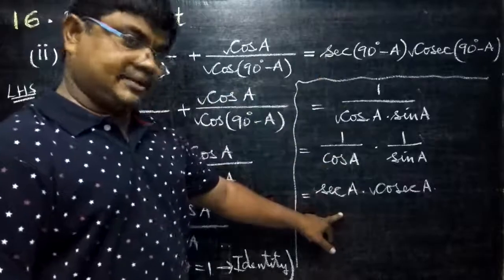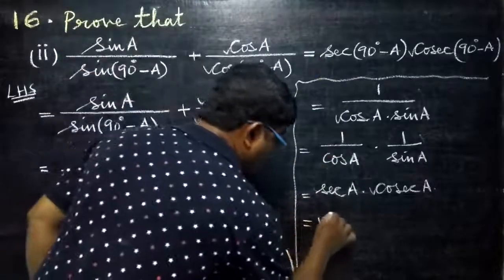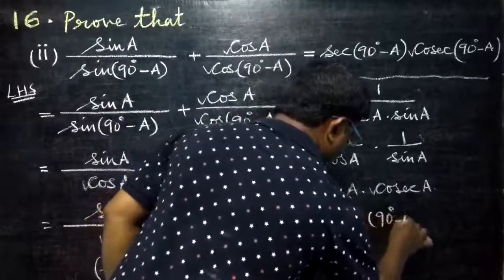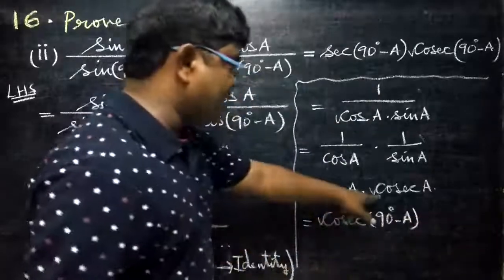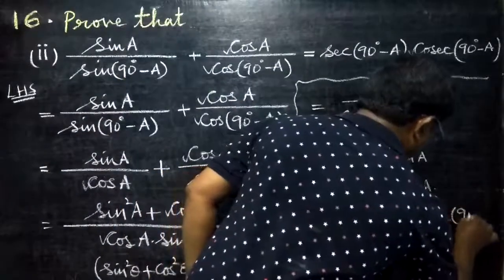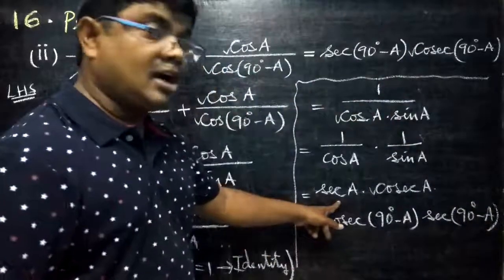But we know the formula: secant A means cosecant(90 degrees minus A). And what is the formula for cosecant A? Secant(90 degrees minus A). Are you able to follow?